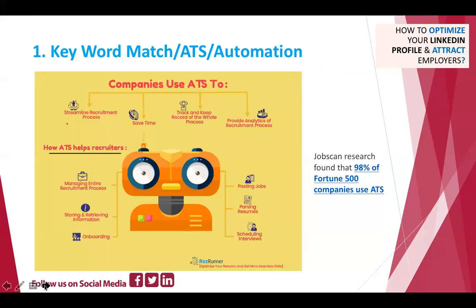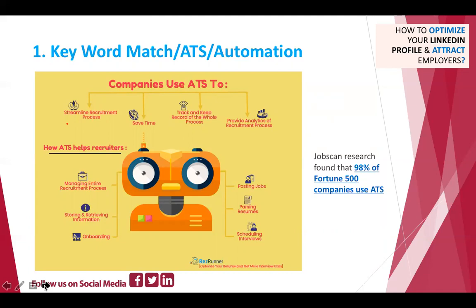Okay, so let's start with the first one, keyword match or keyword search. As we call it, applicant tracking system, ATS for short. We are living in the age of technology, and job searches are now conducted at least 98% according to Forbes and JobScan both by applicant tracking systems.